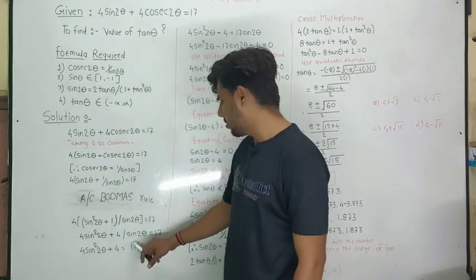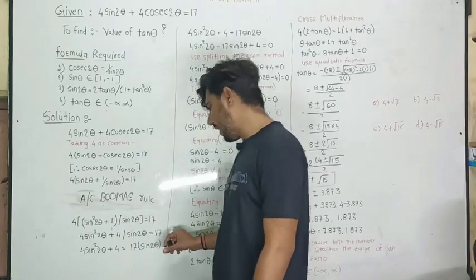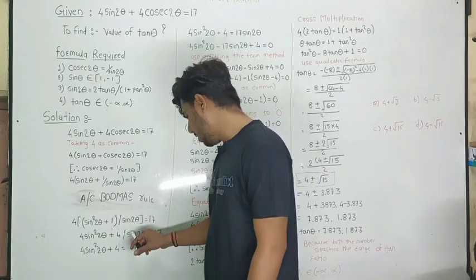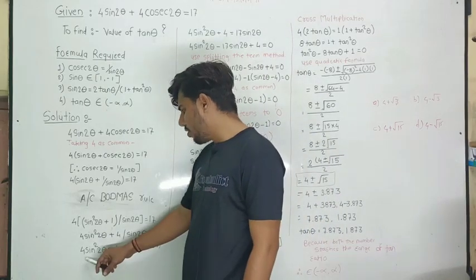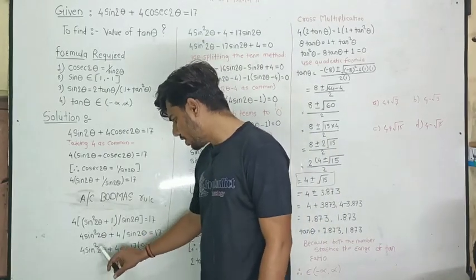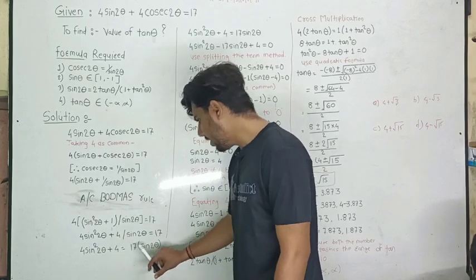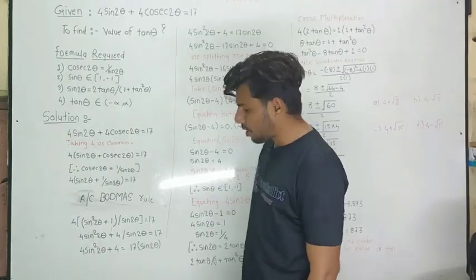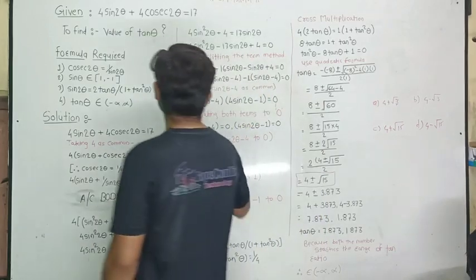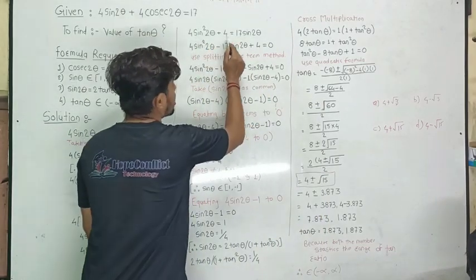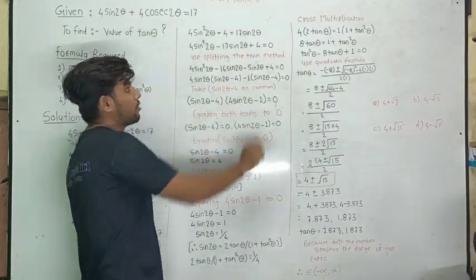So we transfer this term to the right hand side, so this denominator term converts to multiplication. So after this we got 4 sin⁴ theta plus 4 is equal to 17 sin² theta, where we multiply the 17 by sin² theta.